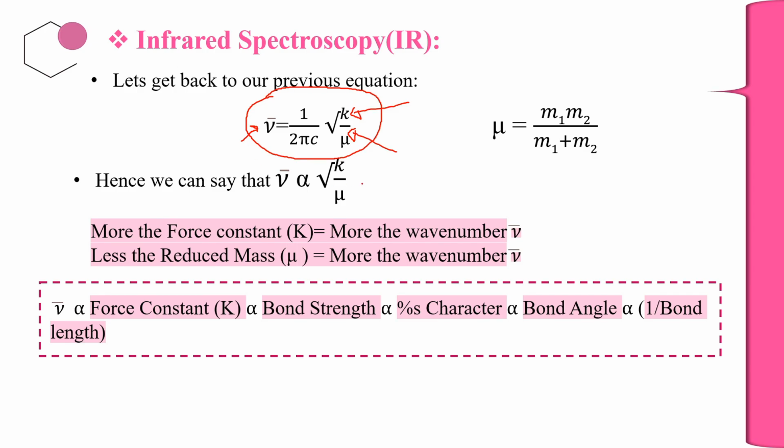So from this Hooke's law equation, nu bar is directly proportional to the force constant and inversely proportional to the reduced mass. And how can we calculate the reduced mass? We calculate it by using this particular formula.